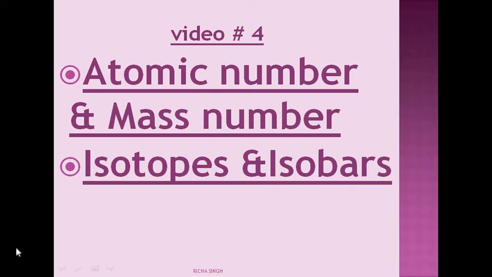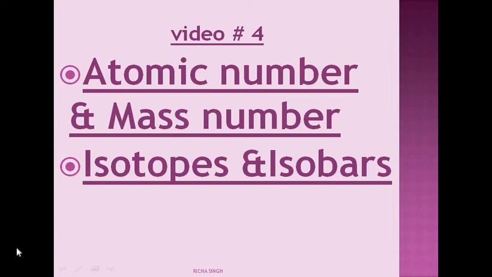Atomic number is the number of units of positive charge on a nucleus, which is called the nuclear charge. Means the positive charge which is present, and you know protons are positively charged, so they form the nuclear charge of an atom.